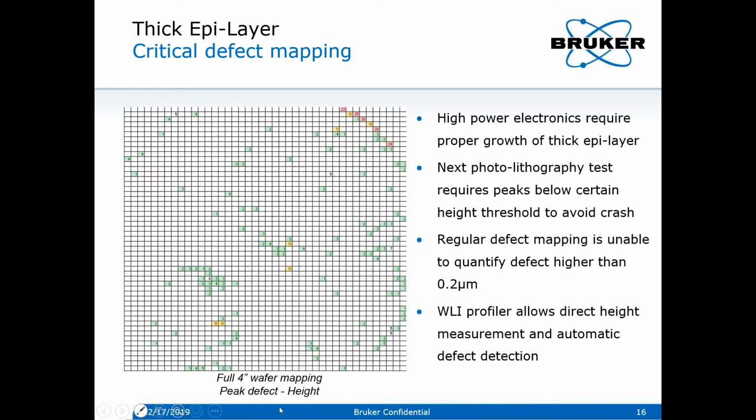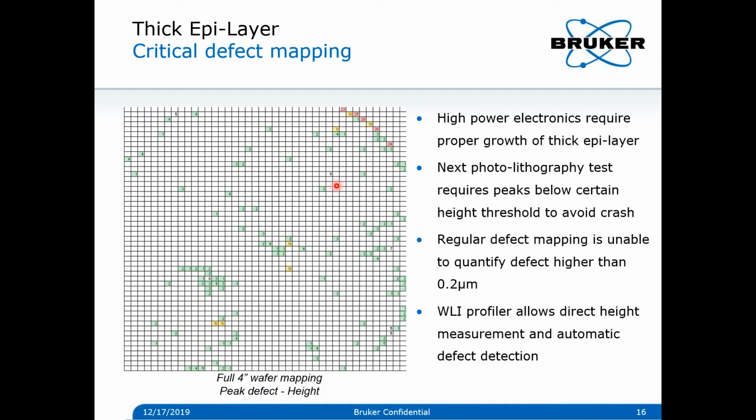So it becomes very important to map out the defects on the wafers. The Candela system will spot out the defect, but will not tell more information above a few microns or 0.2 microns.